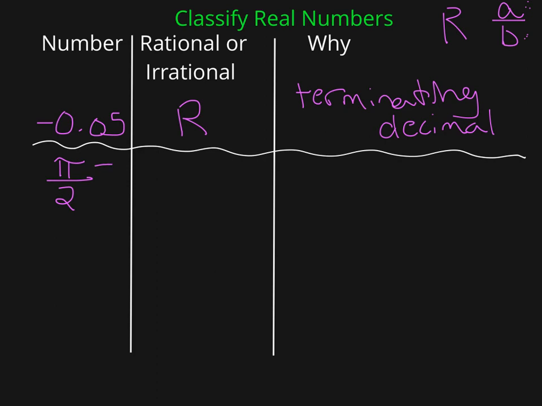But anytime pi is part of the number, it automatically makes that irrational. And to describe why something is irrational, you have to say it's irrational because it is both non-repeating and non-terminating.